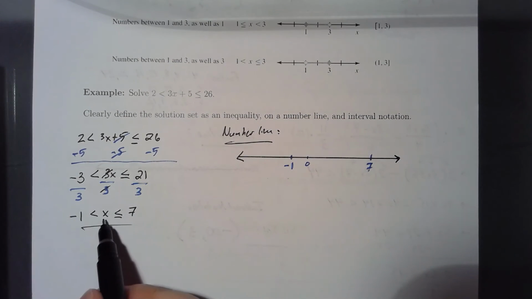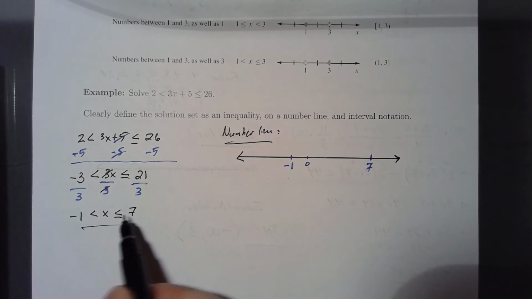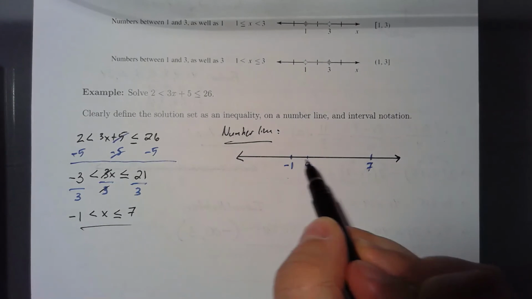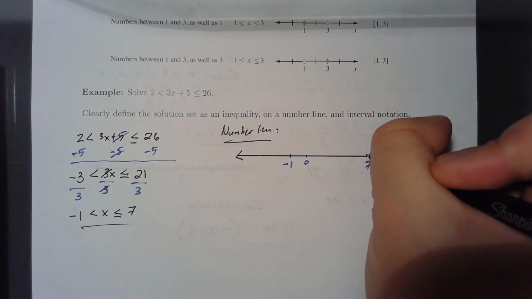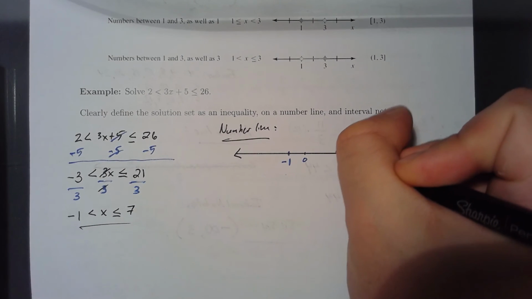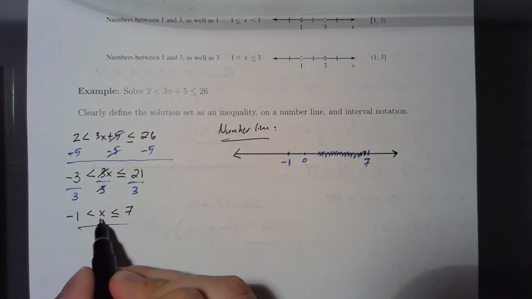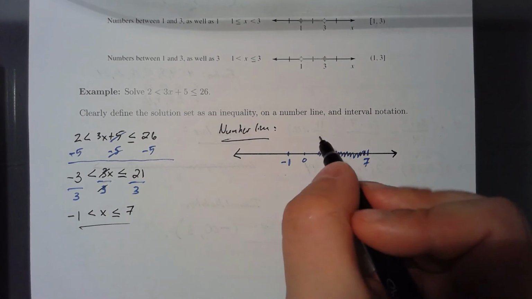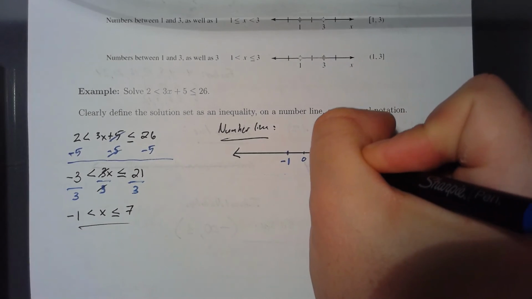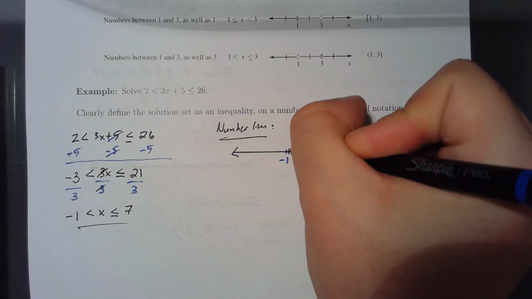So this means x is in between negative 1 and 7, so that means everything in between. X is less than or equal to 7, which is everything to the left of 7, but x is bigger than negative 1, or negative 1 is less than x. So that's everything to the right of negative 1.